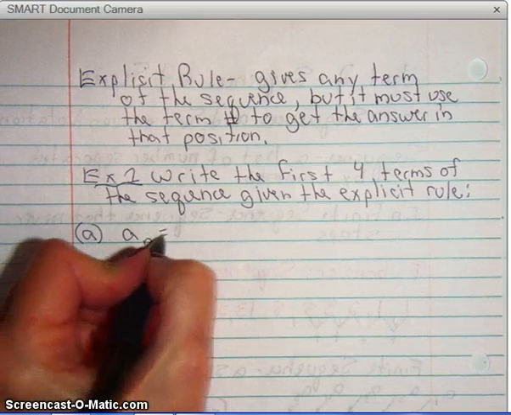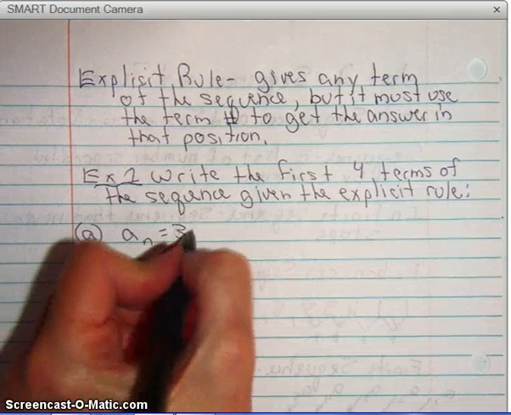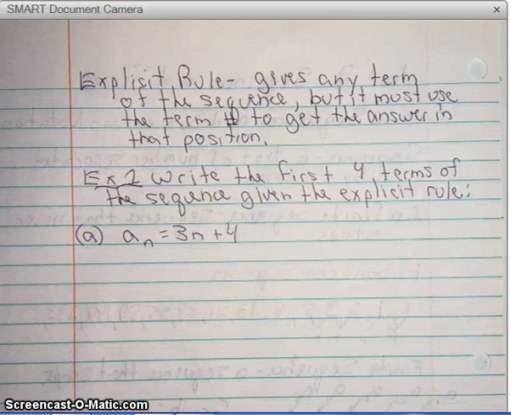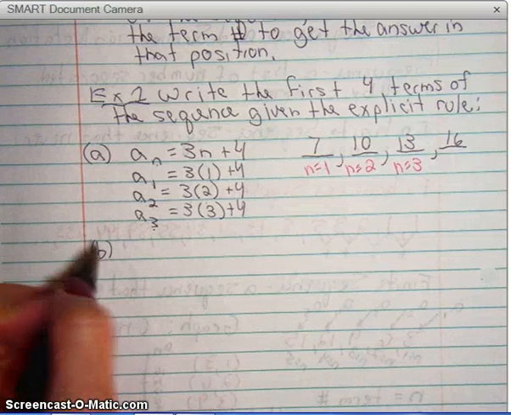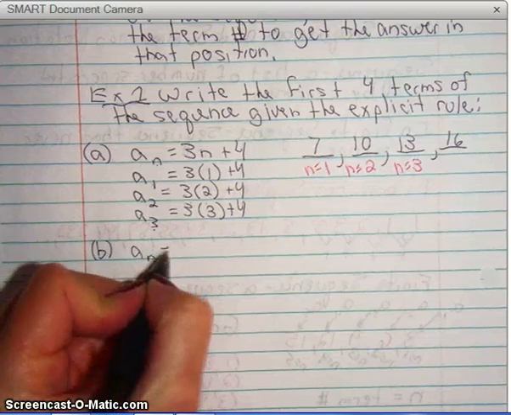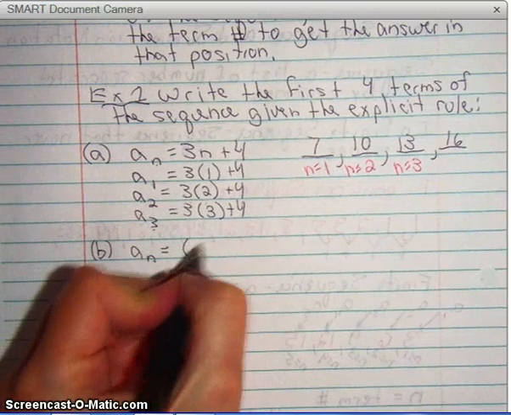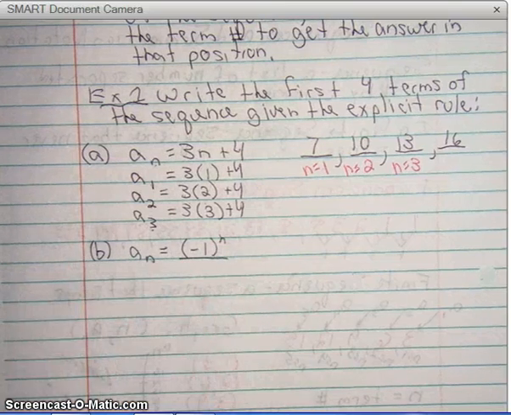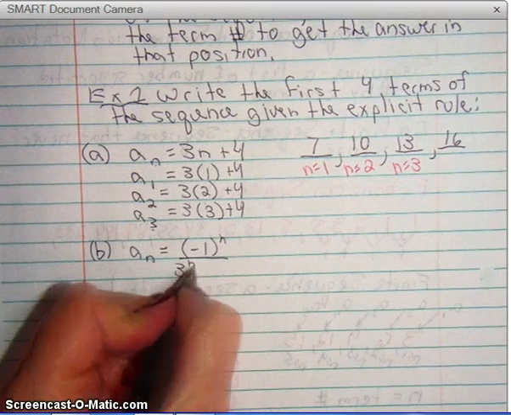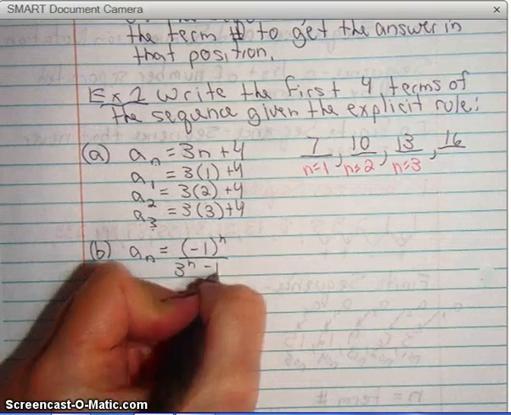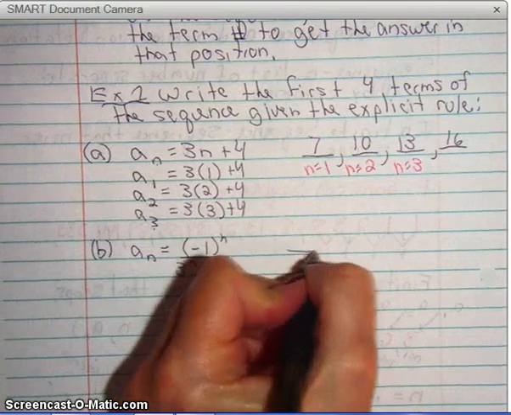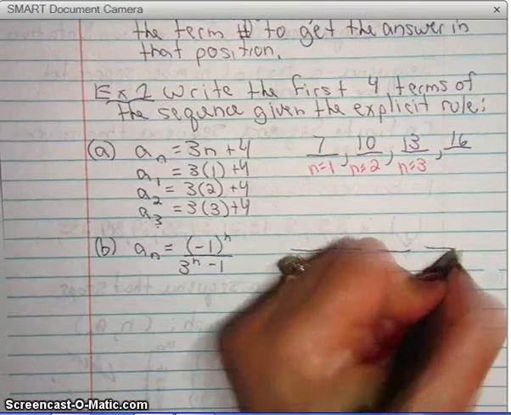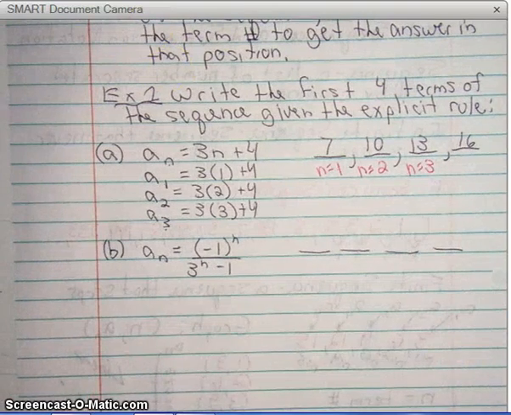A sub n equals 3n plus 4. Second one, I'm going to have you guys see if you can generate yourself. A sub n equals -1 to the n over 3 to the n minus 1. And again, we want the first 4 terms. Now, I gave you a nifty one, didn't I?